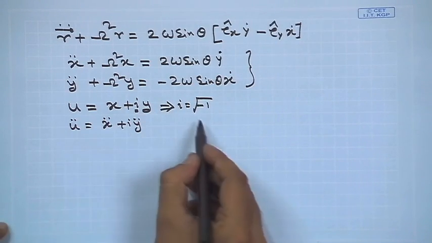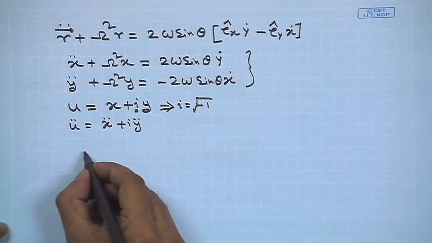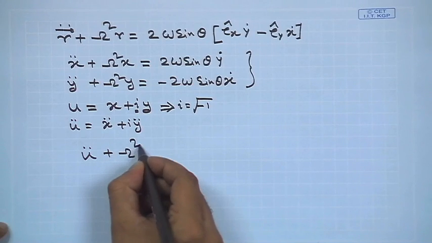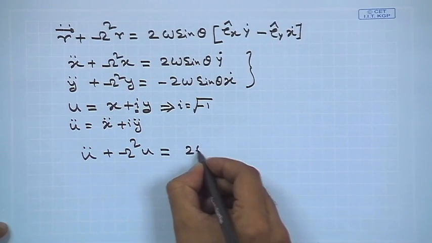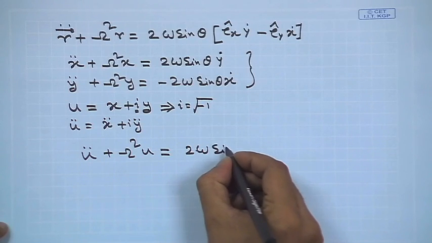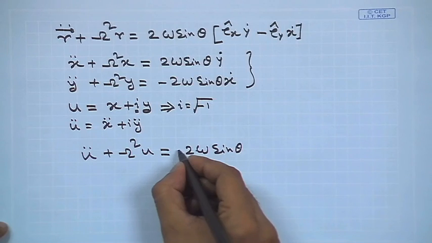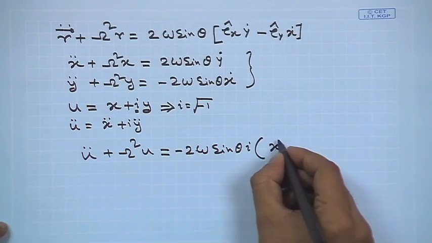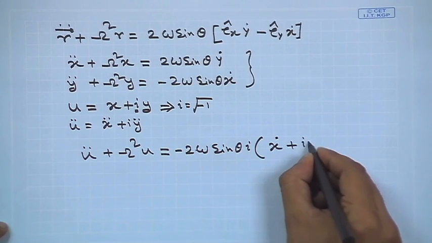If we multiply this with the second equation and add, then we will see it will be u double dot plus omega square u equal to 2 omega sin theta, and there will be a minus sign coming here and an i, so it will be x dot plus i y dot.